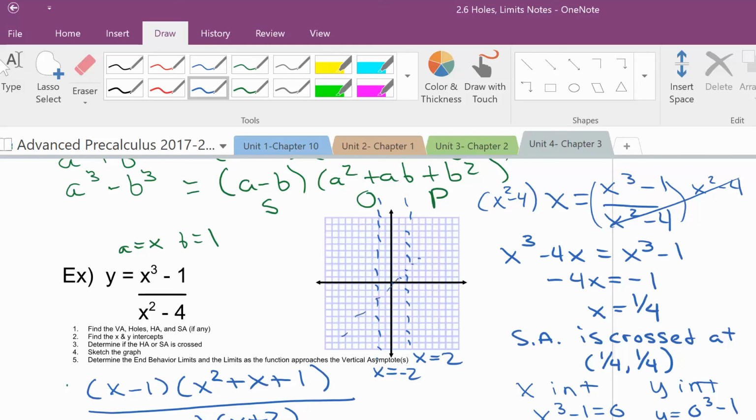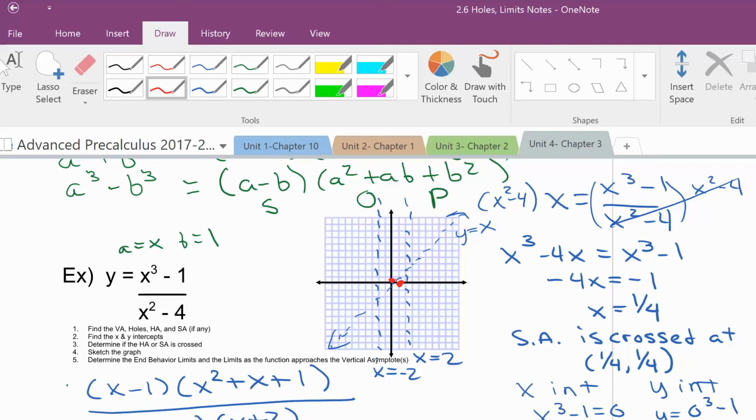So it's just going to be a dotted line going through the origin with a slope of 1. So that's y equals x. The x-intercept is at (1, 0), which means it's right here. The y-intercept is at (0, 1/4), which is there.